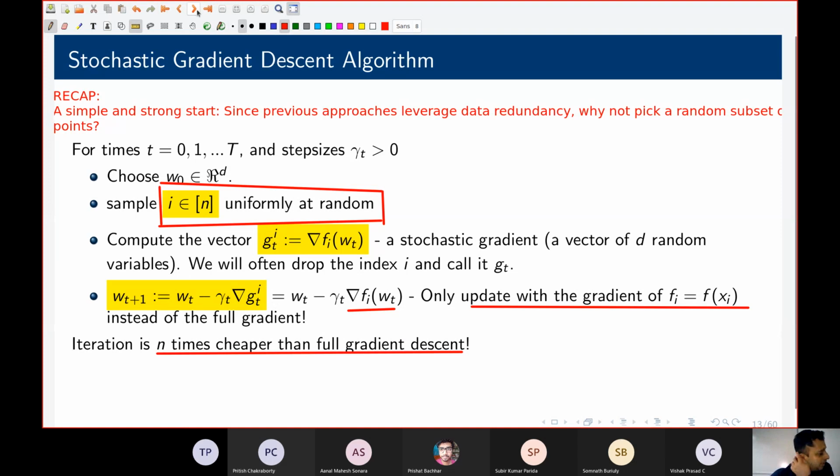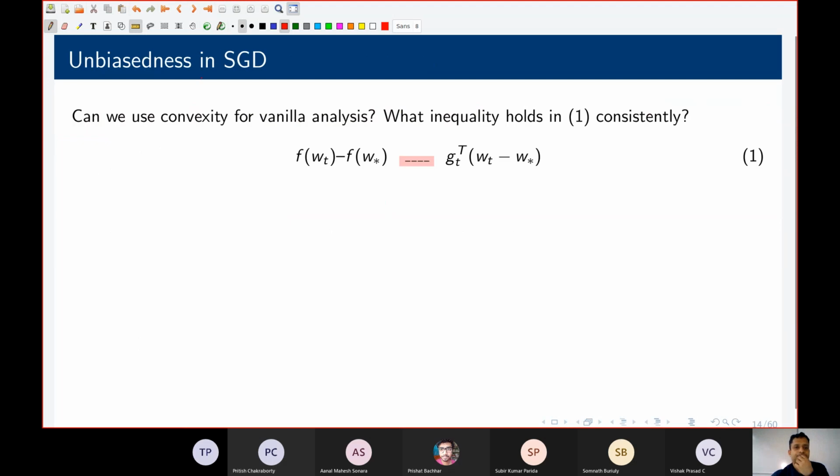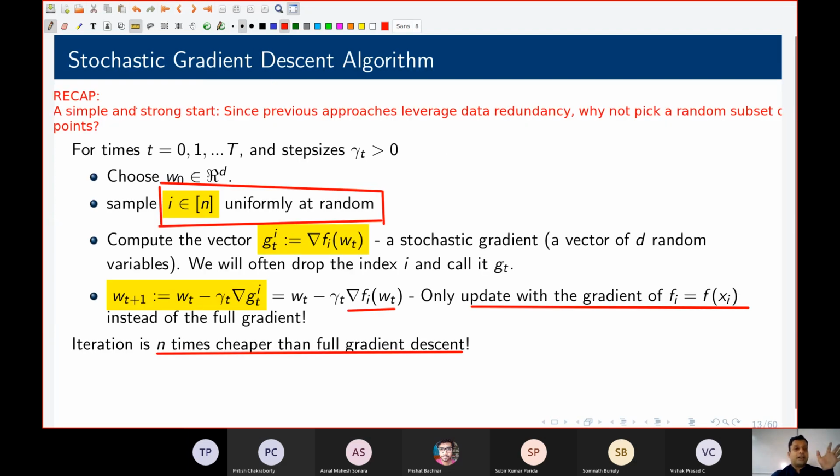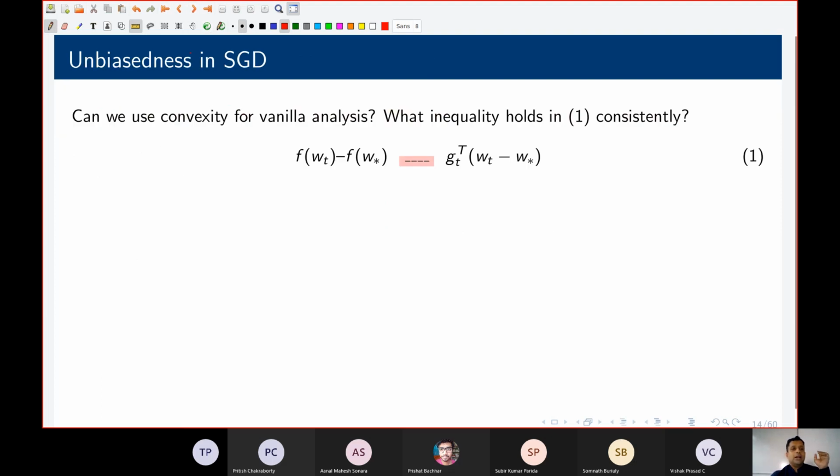Okay, but let's get some more insight. Now because we are doing this uniformly at random, uniformly at random gives you something called unbiasedness, and I would like you to help me complete this. And in theory, most of the times you're assuming that it's uniformly at random with replacement or without replacement.